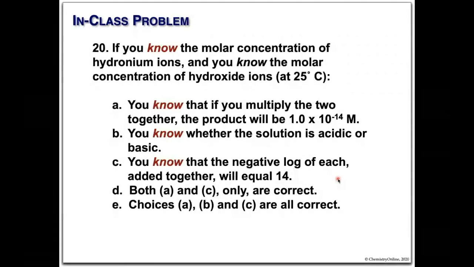And finally, our last one here. If we know the molar concentration of hydronium, what else do we know? Molar concentration of hydronium, molar concentration of hydroxide. If you multiply the two together, you will get 10 to the minus 14. Yes, this is a constant.